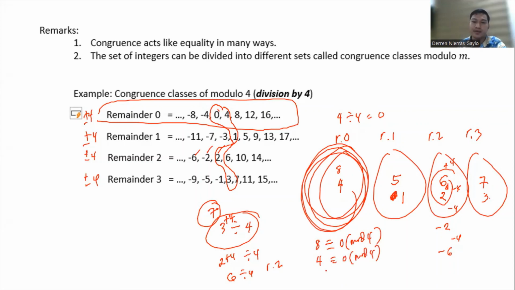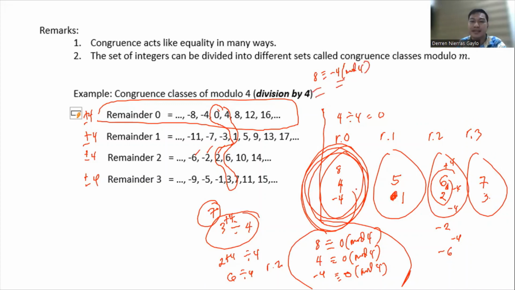Or you can have, kisa pa yung kauban, si negative 4, right? So negative 4 is congruent to 0 modulo 4. The same ra ba na sila? Or you can even write gani, 8 is congruent to negative 4 modulo 4. They are just the same because they have the same remainder.